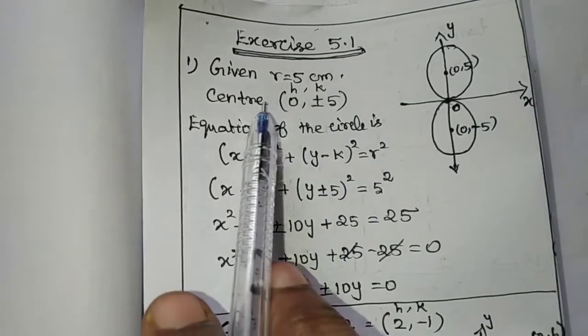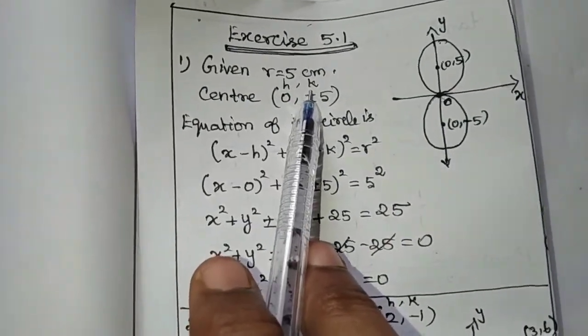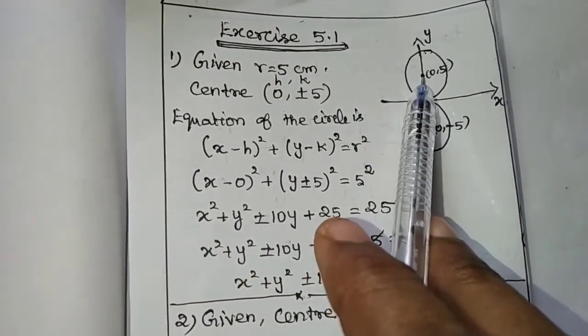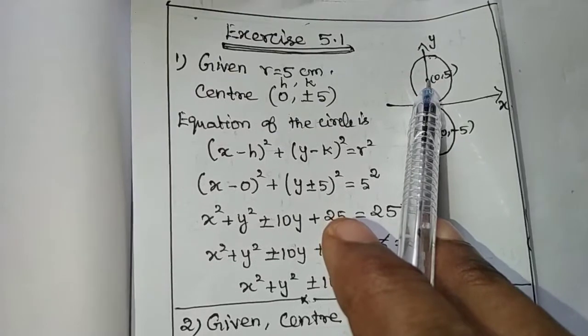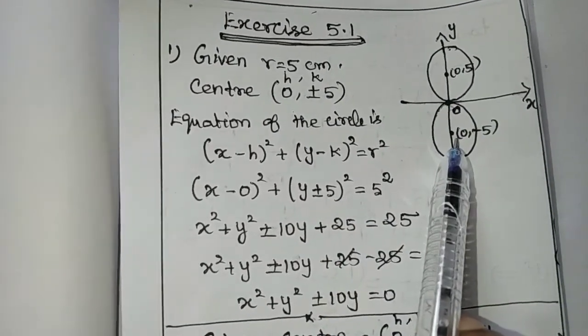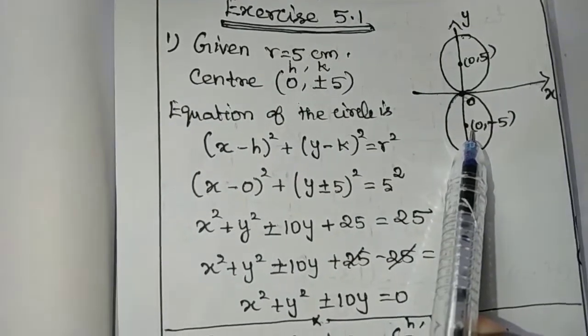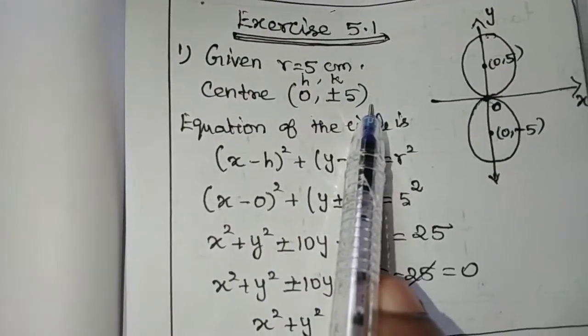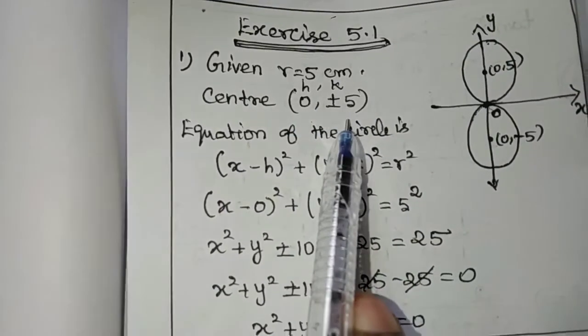Now given radius equal to 5 centimeter. Radius 5 centimeters means this point is 0, 5 on the y-axis, and on this side 0, minus 5. The center is 0, plus or minus 5.